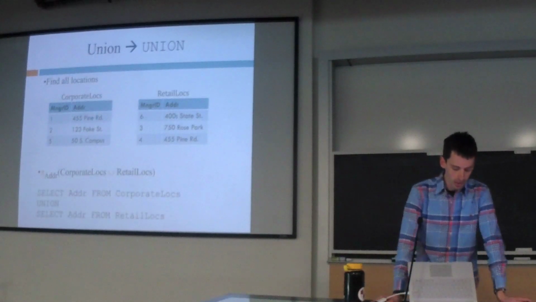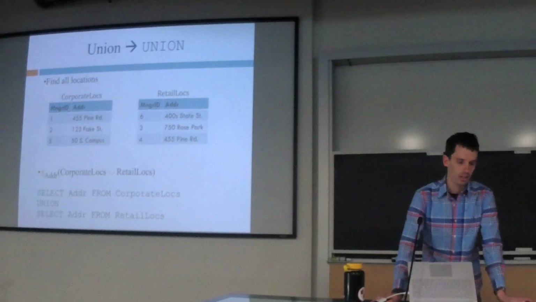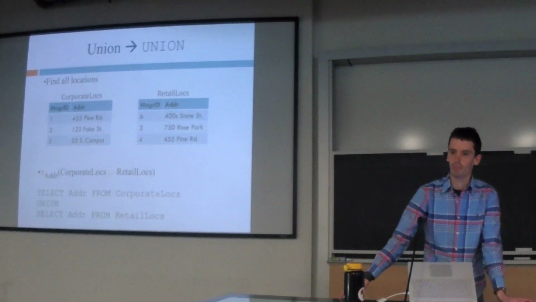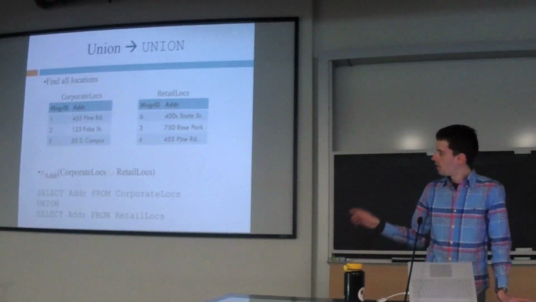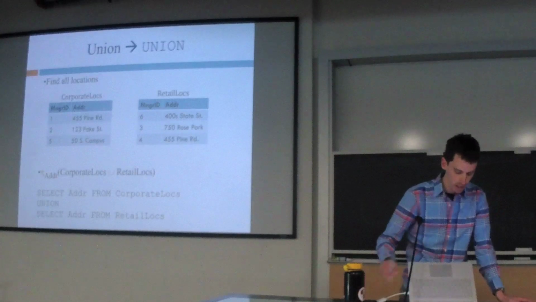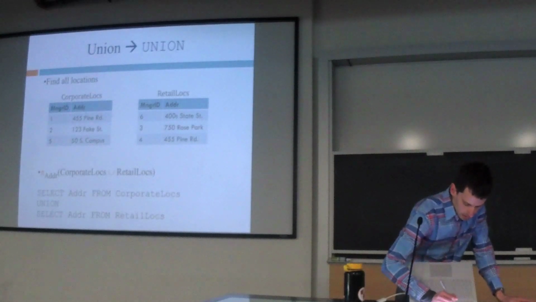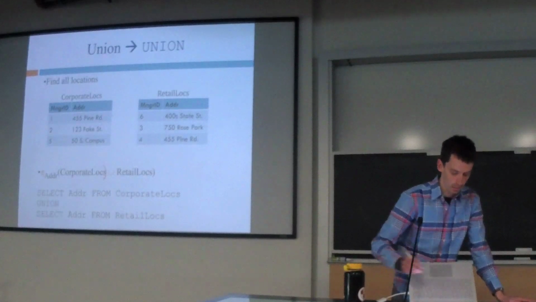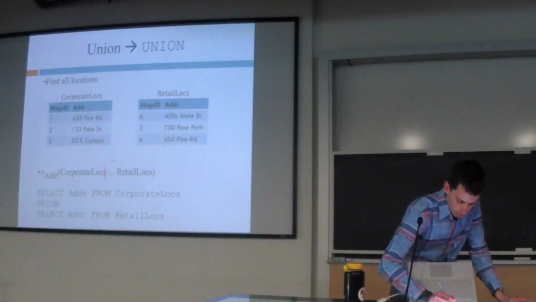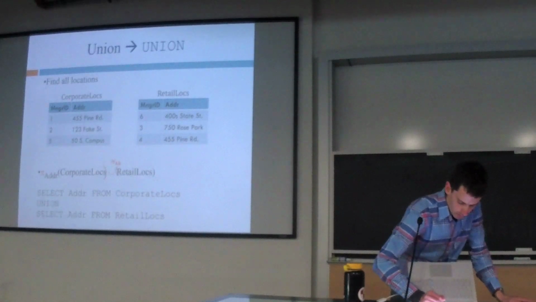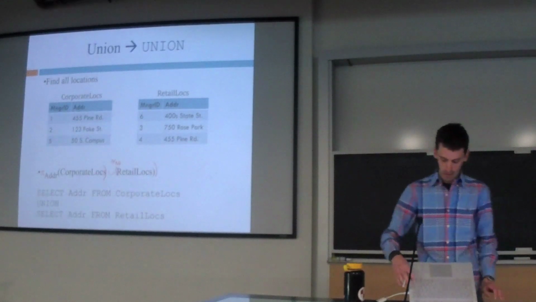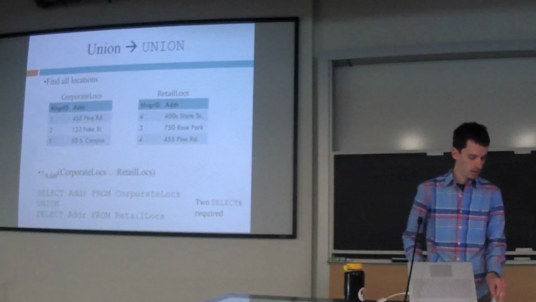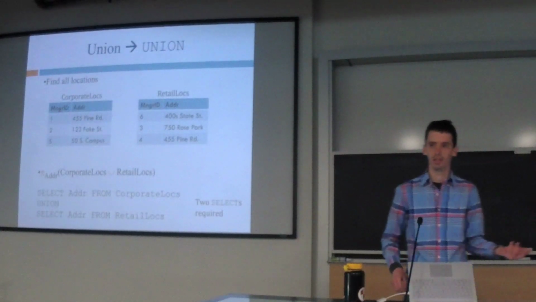I have select address from corporate locations, union, select address from retail locations. A union has to operate on two selects. You actually do have to have both selects there. So this looks like it's formulating it in a different way, where in relational algebra, it would be like if I put the projection on just one of them, union, project address out of the other one. SQL kind of forces you to do it this way, where you do actually have to have both of those selects in your query.